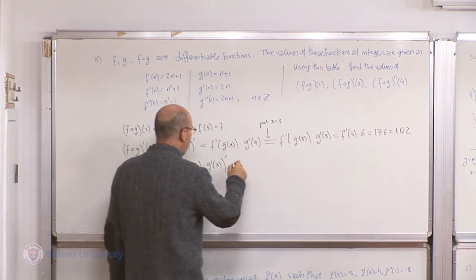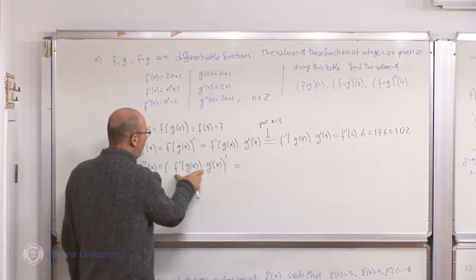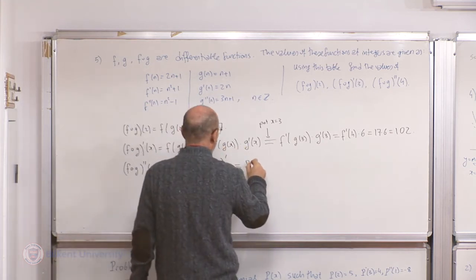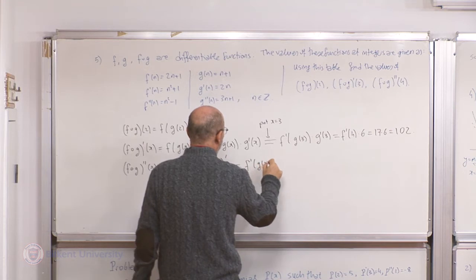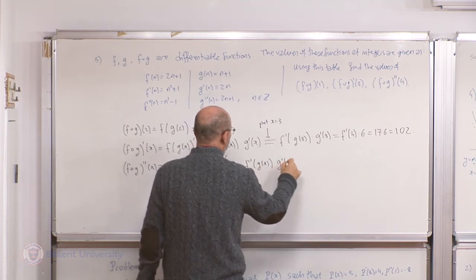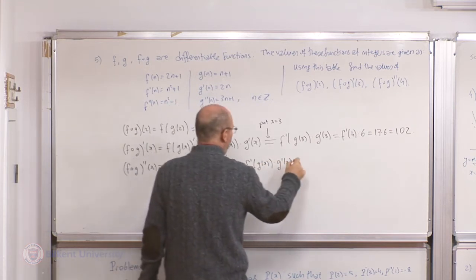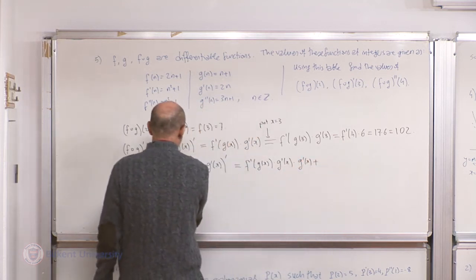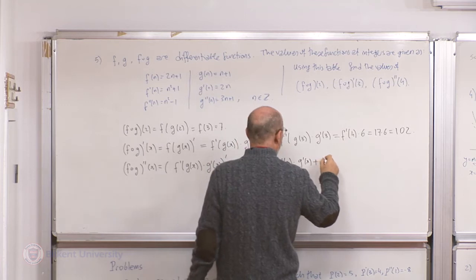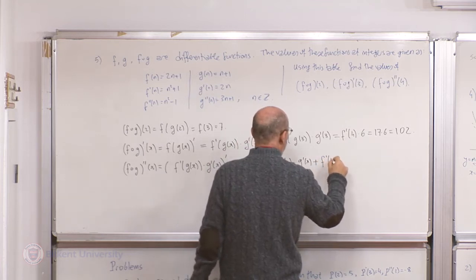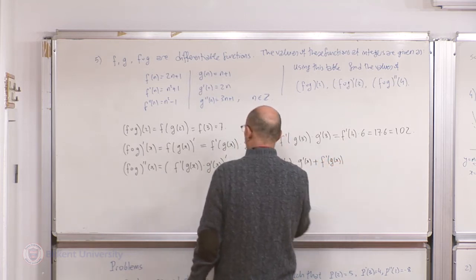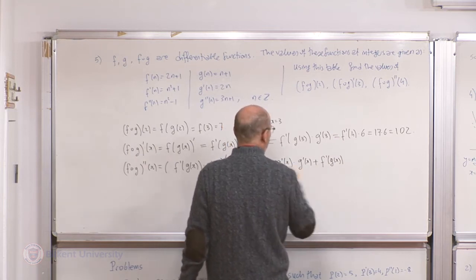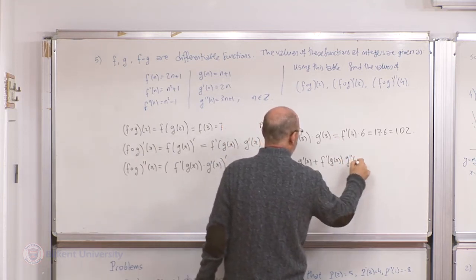So I'll apply this. Derivative of this thing I already know. So it is equal to f double prime g of x times g prime x, and I'm multiplying it with g prime x, plus I have f prime g of x times the derivative of this. The derivative of this is second derivative.